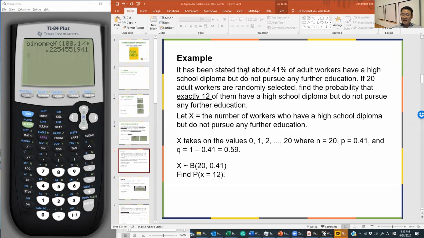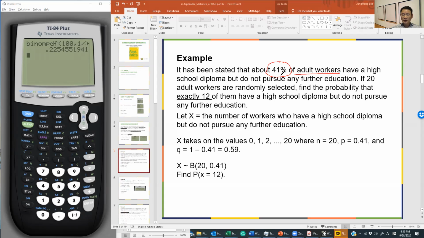It has been stated that 41% of adult workers have a high school diploma but have not pursued any further education.